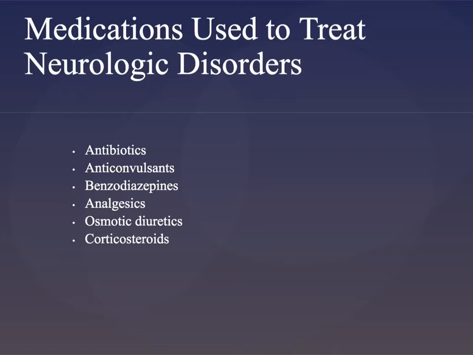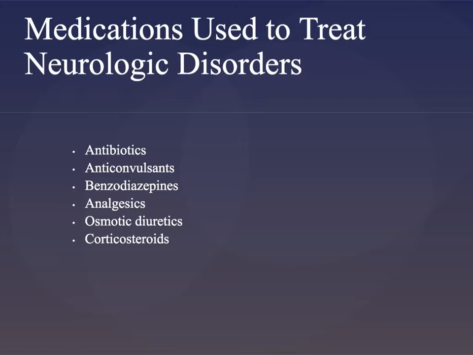Osmotic diuretics such as mannitol increase our plasma osmolality, and that helps to induce diffusion back into the plasma and extravascular spaces to reduce ICP, or intracranial pressure, in our patients.